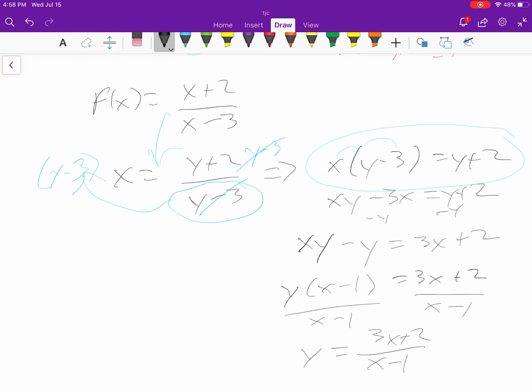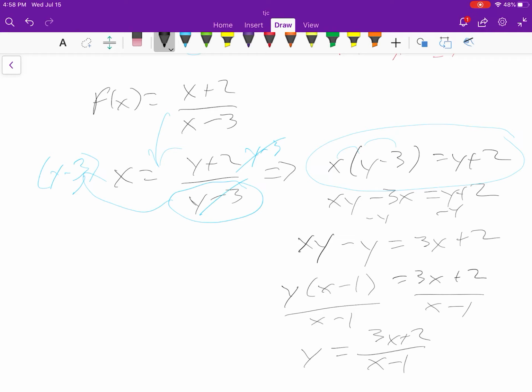And you get y solved by itself, which was the whole point. Okay. And that'll be your inverse. Notice your inverse has a restricted domain, different than your original. The original couldn't be 3. On this one, you can't be 1. Okay. And that happens.